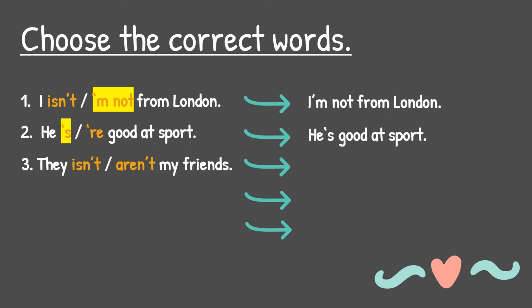So the keyword here is they. They is plural, more than one. So the answer is aren't. So it will be they aren't my friends. Do you understand, class? Very good.